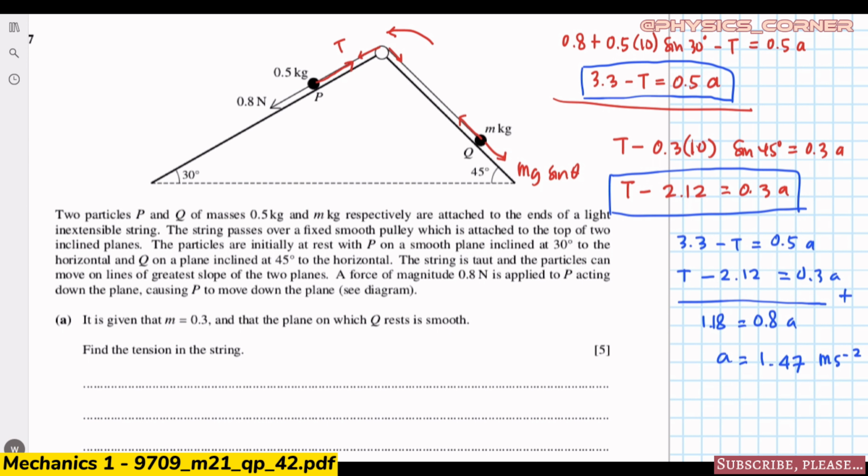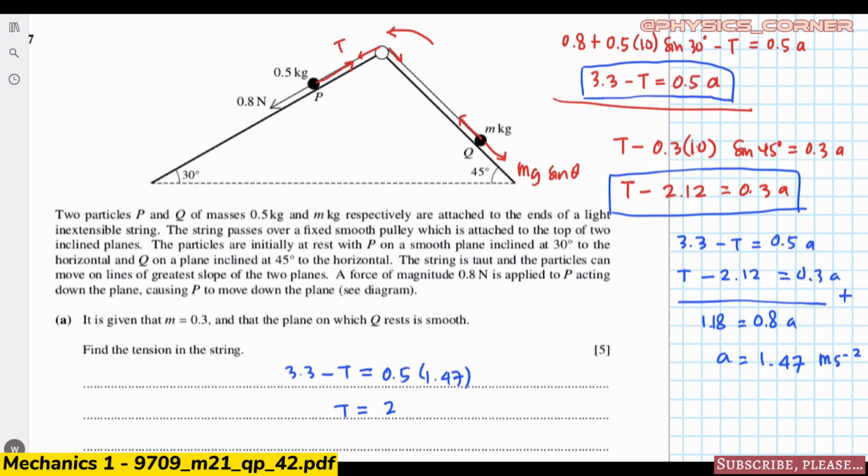When we use the first one, 3.3 minus T equals to 0.5a, with a being 1.47, so T becomes 3.3 minus 0.5 times 1.47, which is about 2.56.